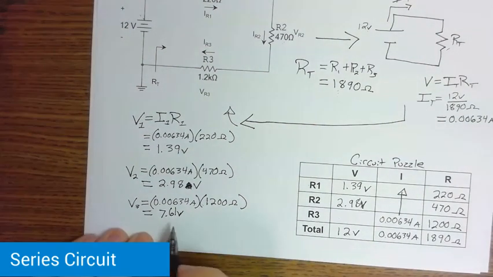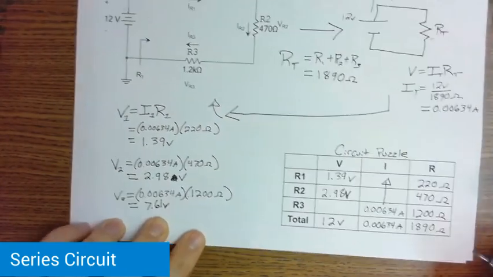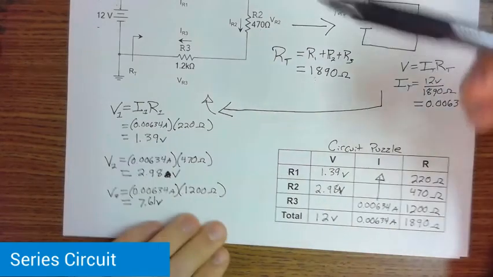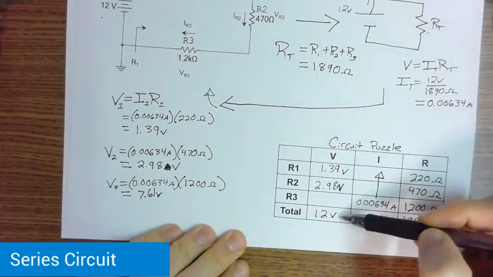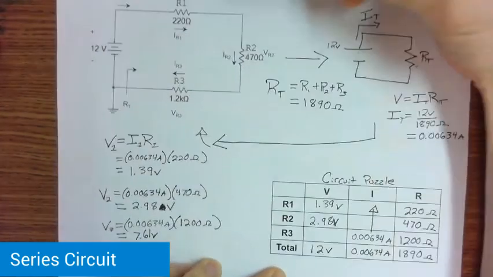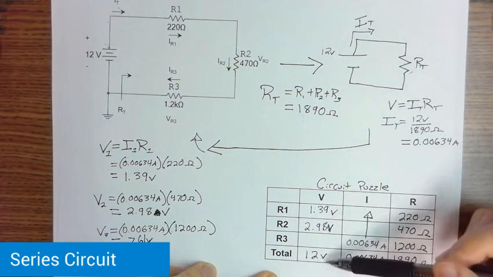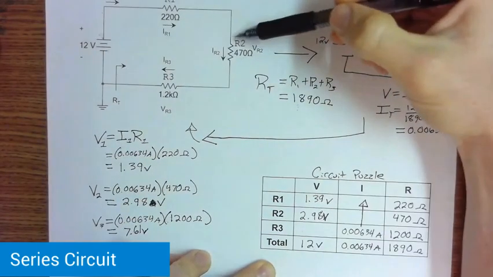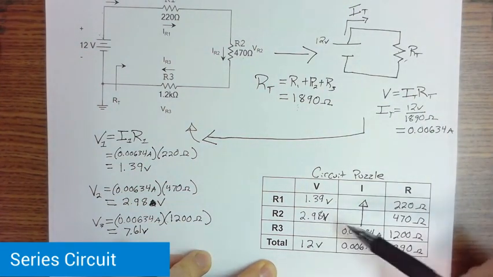The other thing that we can do with that is to look at it, and this is where Kirchhoff's law comes into play. For a series circuit, we know that all of the voltages must add up to the total voltage. So we had 12 volts to give at the beginning. Across resistor number 1, we gave up 1.39, so you subtract that number. Across resistor number 2, we gave up 2.98 volts.